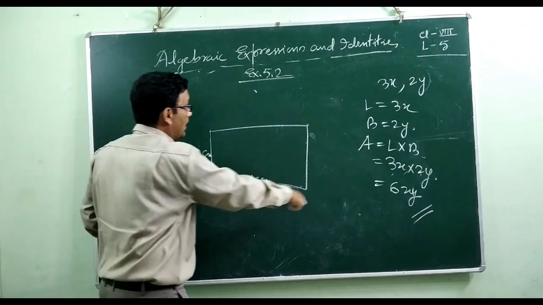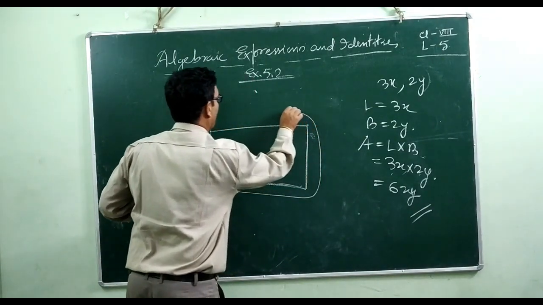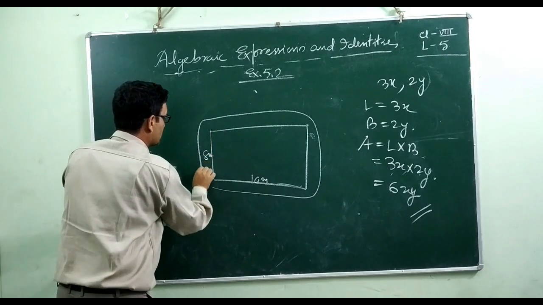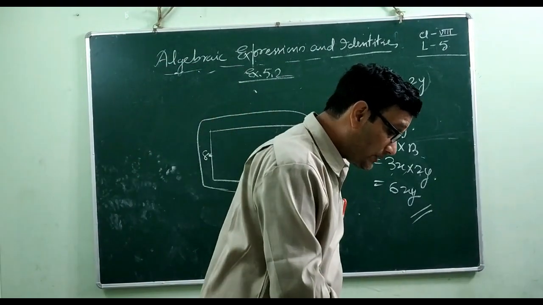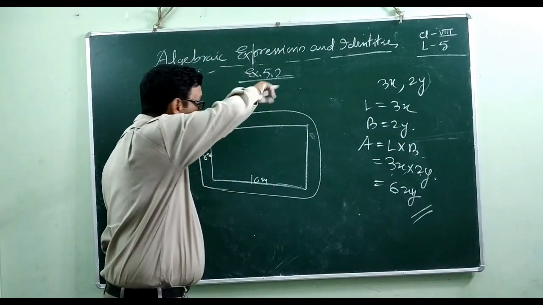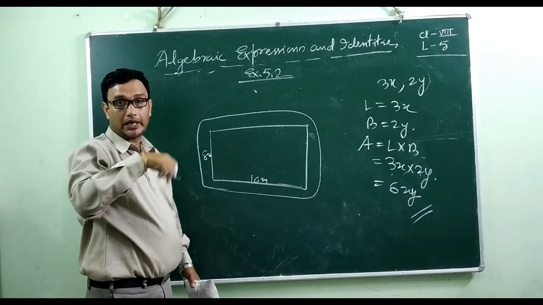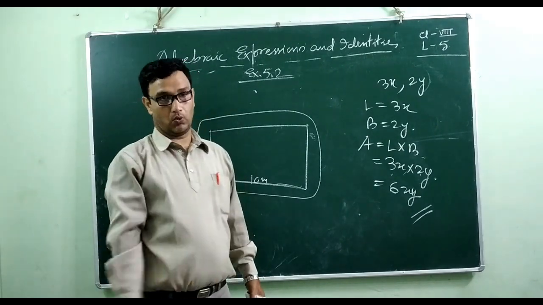Across the rectangular garden, one road is there, on this side, that side, all around, like this. The width of the road is given as x meters, surrounding the rectangular garden.